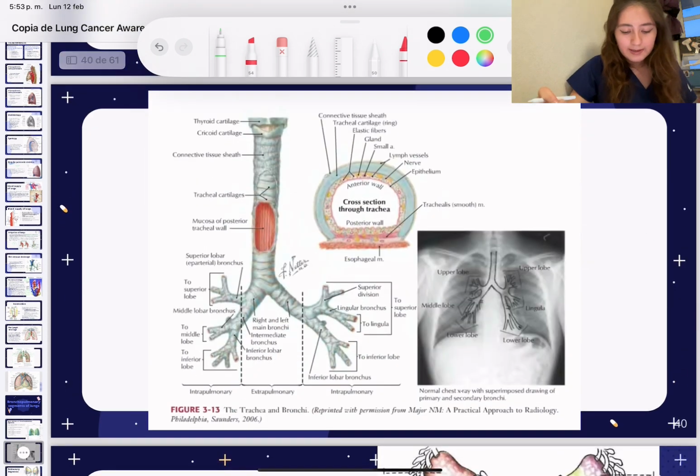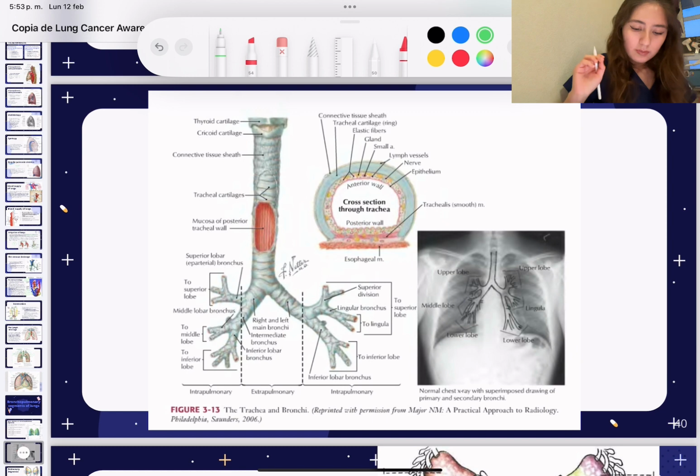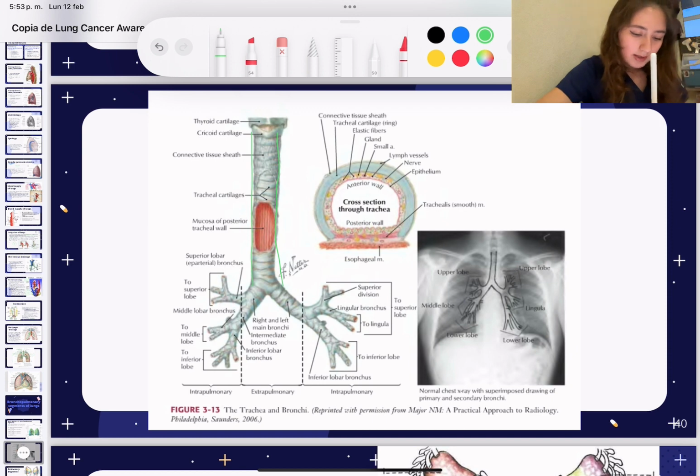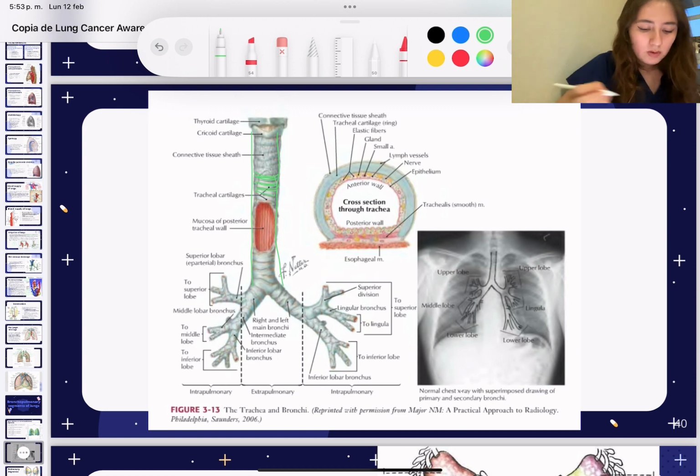Here, this is the trachea and bronchi. We can recognize the trachea. We can recognize tracheal cartilages. Okay, this is the mucosa of posterior wall of the trachea, because it's covered by mucosa. Superior lobar bronchus.